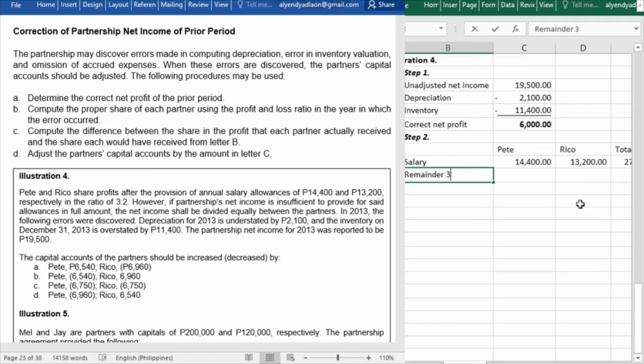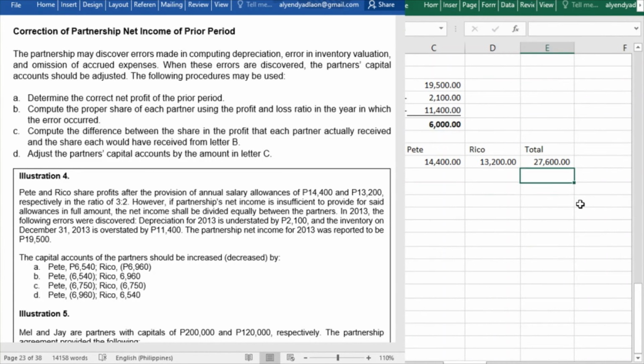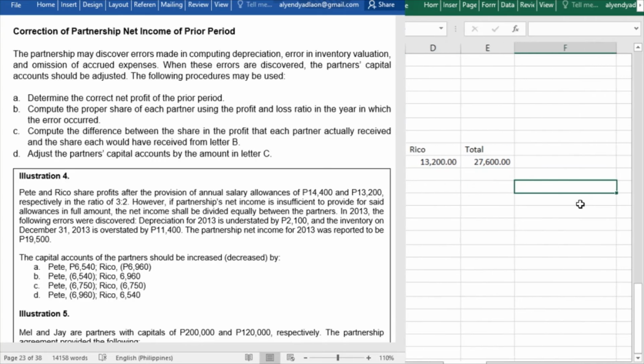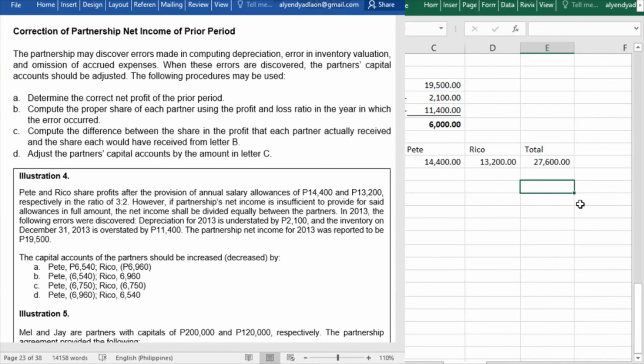But class, our profit is only 6,000, right? That is only 6,000. Now, what is the rule? If the partnership's net income is insufficient to provide for said allowances in full amount, the net income shall be divided equally between the partners.